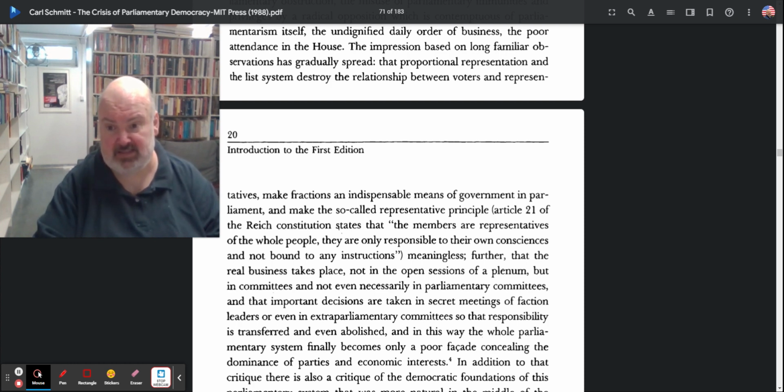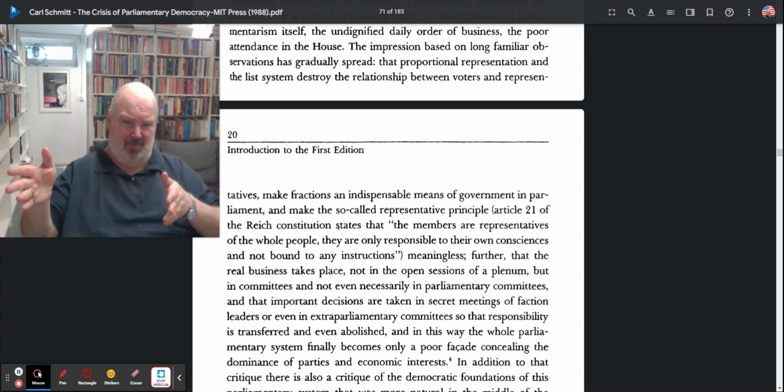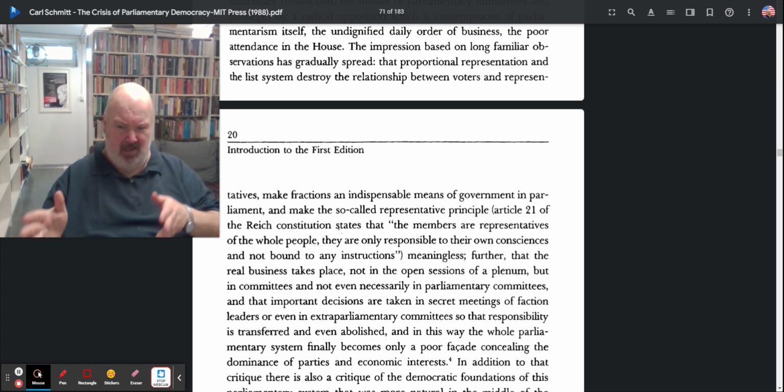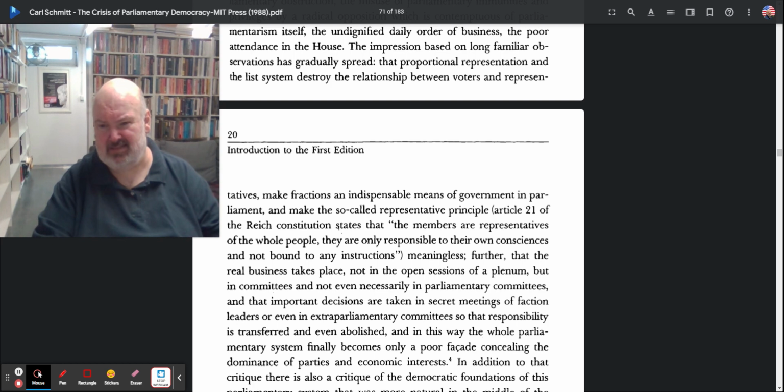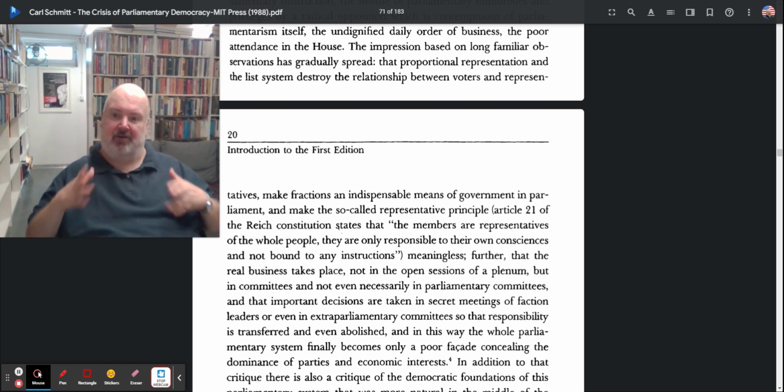Whereas multipartyism occurs when you don't have that. You have proportional representation, list systems, and therefore this leads us to a breakdown of the original parliamentary model.